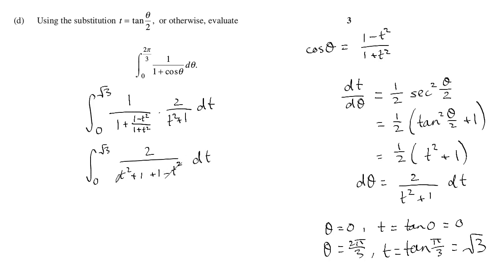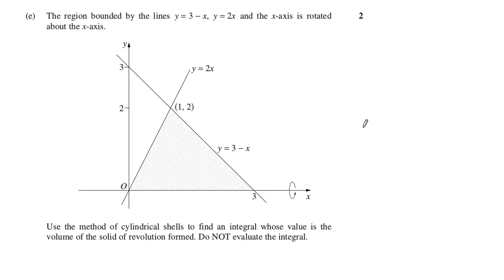And then that cancels with that. And then this makes 2, so that actually cancels with that. So this whole thing just equals 1. And then the integral of 1 dt is just t from 0 to root 3. So that'll be root 3. And that's the answer.